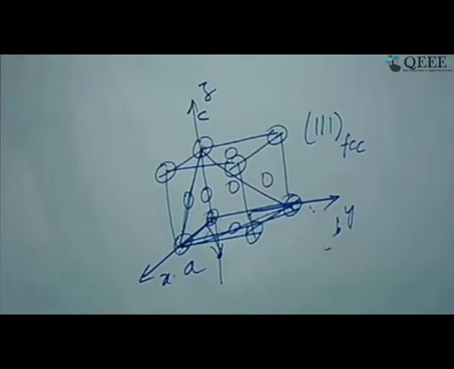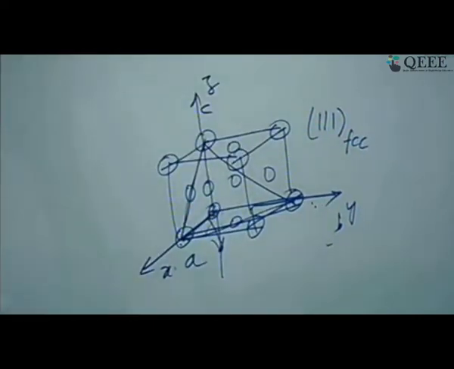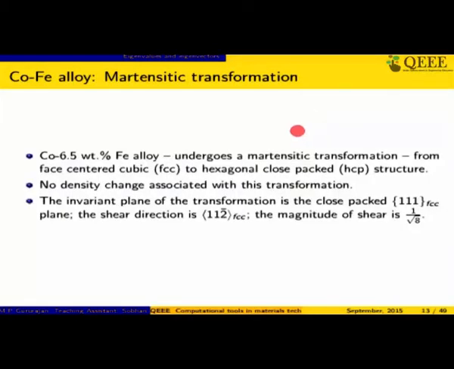Okay, so now why or how is this important? Let's go back to this slide. The invariant plane is a plane which remains unchanged when the transformation takes place. In this alloy, you are going from face-centered cubic to hexagonal close packed, but one particular plane remains as it is in both the crystal structures.